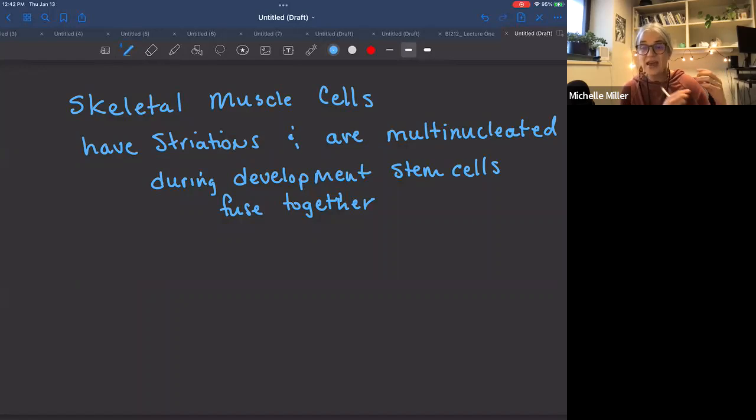And that tearing of the muscle cell, where you tear one muscle cell into two, actually might be able to increase the number of cells that you have in your body. So each one becomes its own cell. And so you would increase muscle mass.